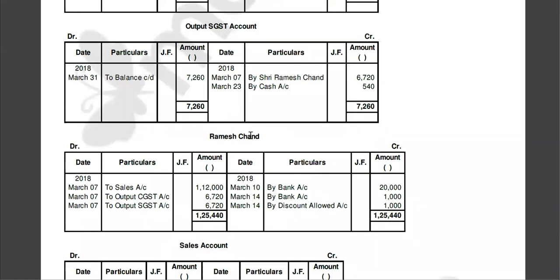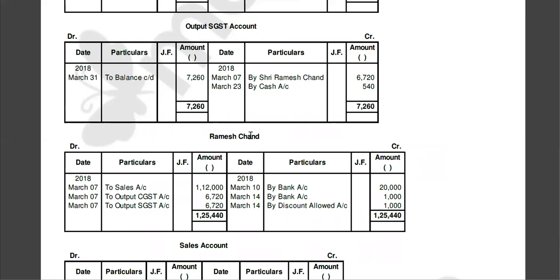These are all personal accounts. Ramesh Chand, the same way. I'll teach you the Ramesh Chand account. What are all the dealings he has?